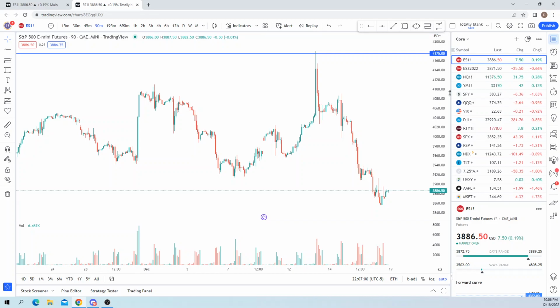My average cost on the short setup was 4148.57. Let's just call it 4148 and a half. I sold 35 lots at that average, and I was risking 37 and a half points, right up to 4186, to make much more.